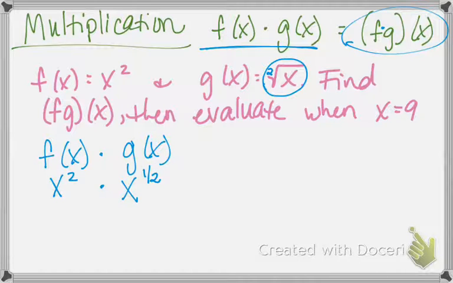All right, now that I've done that, I need to combine my variables, okay? And so they said from section 5.1 that we were allowed to do this if the bases were the same. So in this case, the bases are the same. So I can take these and combine them, and when the bases are the same, we are going to add.